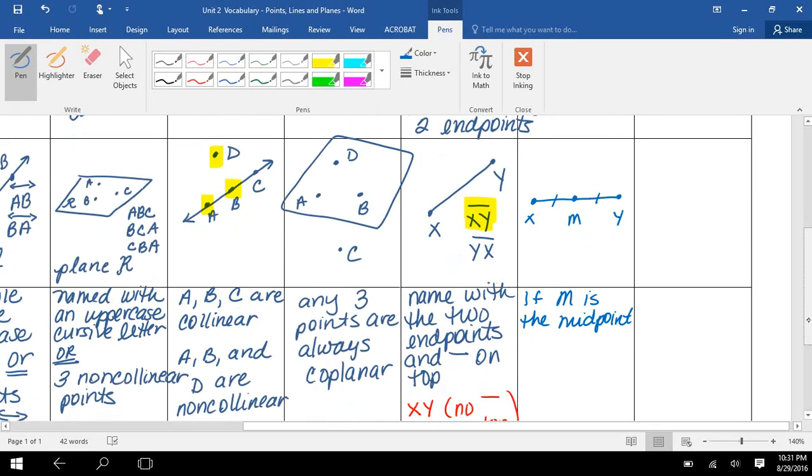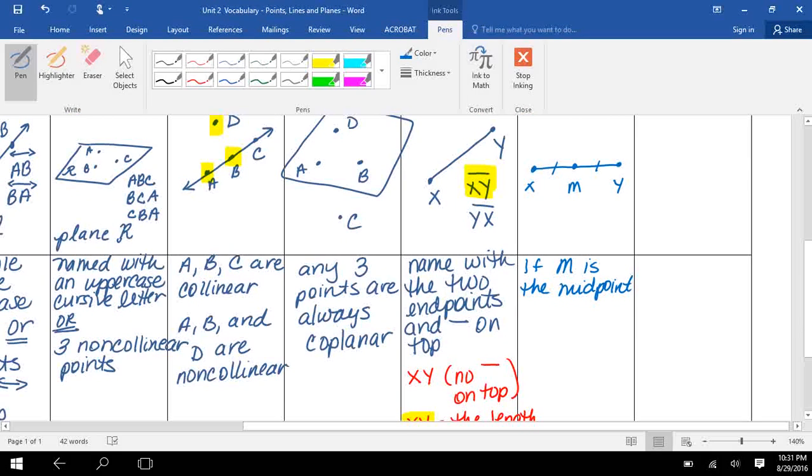We know, and I'm pretty sure you've seen this symbol before, we know that segment XM is congruent to segment MY. That means that basically that midpoint M cuts XY into two congruent segments.